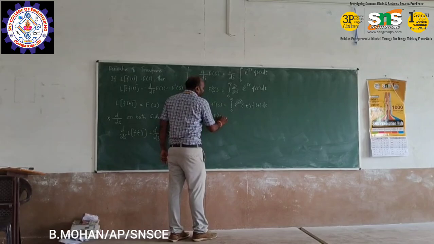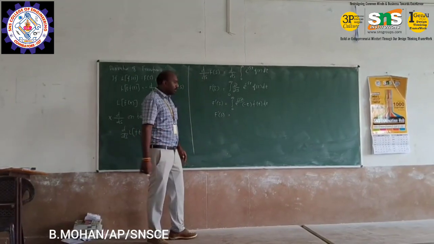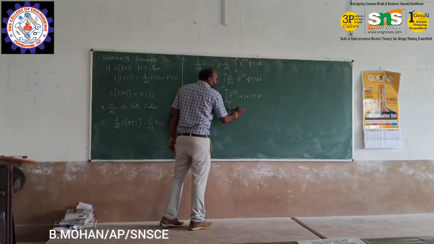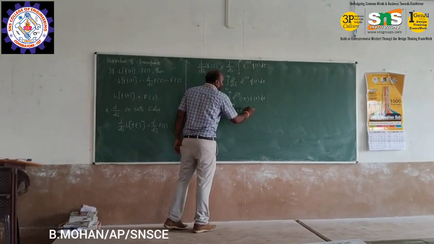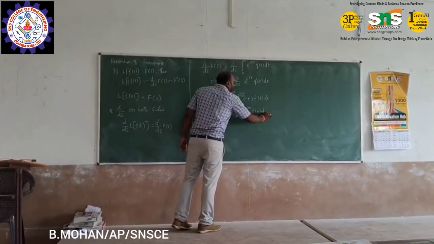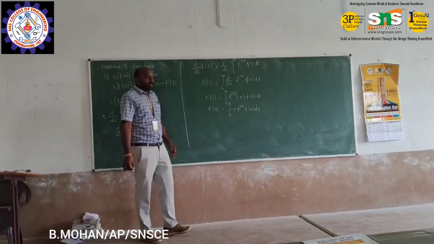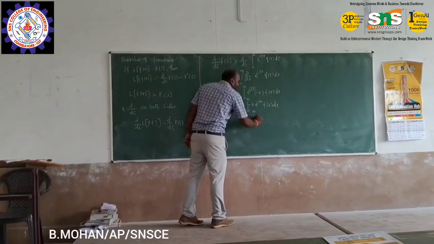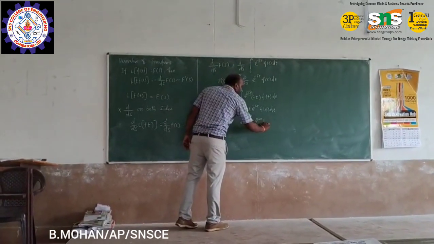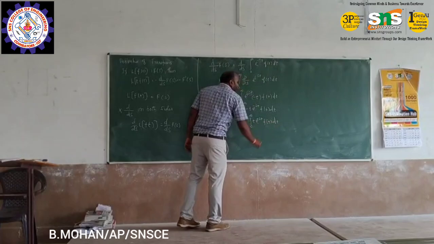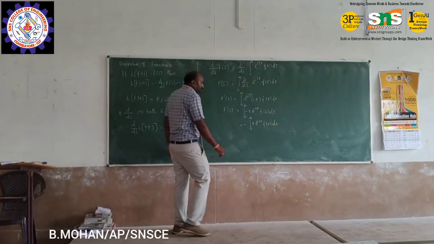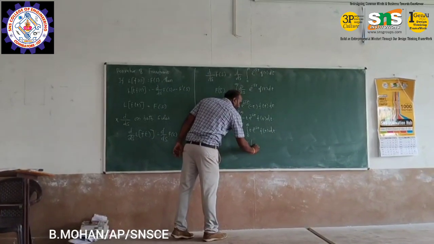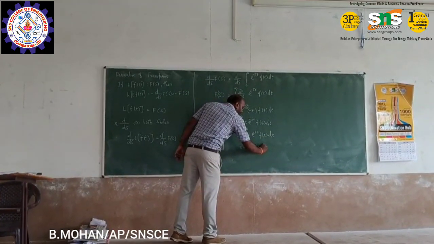Then F dash of s is equal to the integral from 0 to infinity of minus t into e power minus st f of t dt. The minus sign we take outside, and the integral from 0 to infinity of t into e power minus st into f of t dt gives minus L of t into f of t.